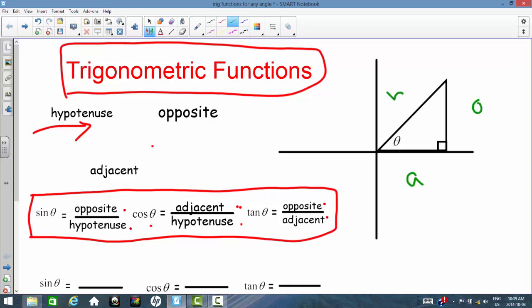But we can also use x and y to represent these, because this is the x-axis and this is the y-axis. So this would be how far along the x-axis you went, or x. This would be how far up and down, or y.